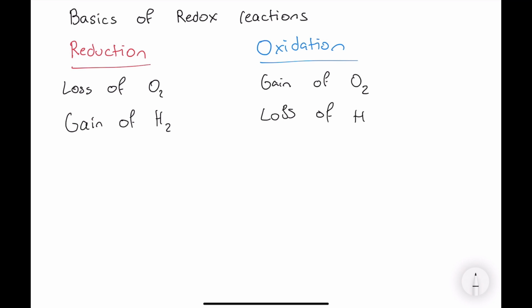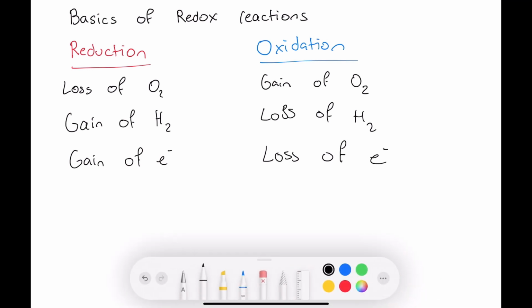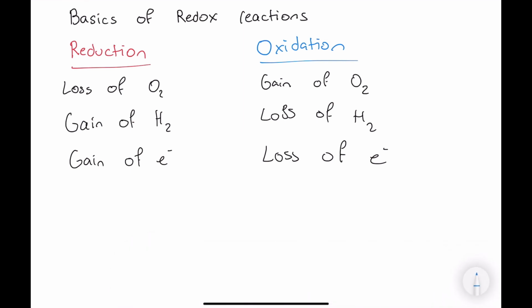And I'm sure the one everyone remembers from GCSE, that reduction is gain of electrons and oxidation is loss of electrons. And if you don't know the famous mnemonic, I think that's what it's called, to remember this, use OIL RIG.